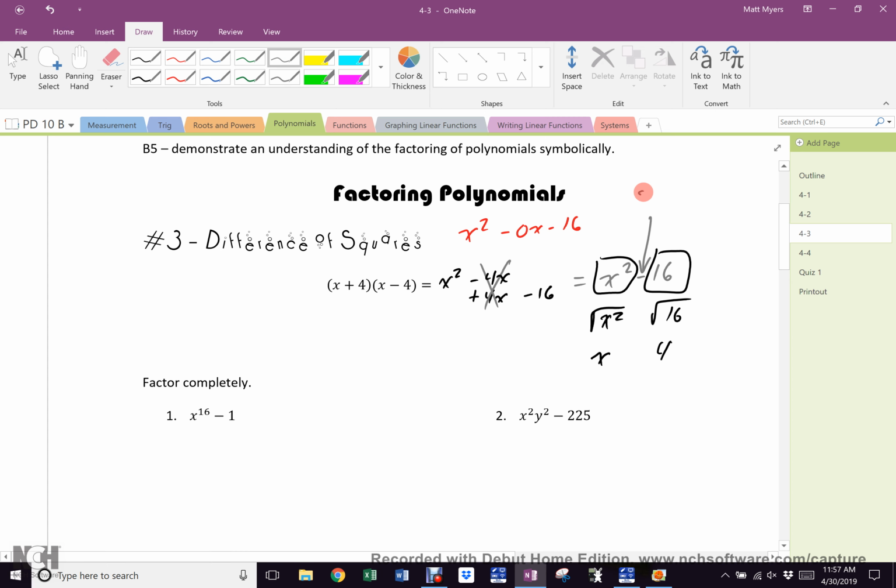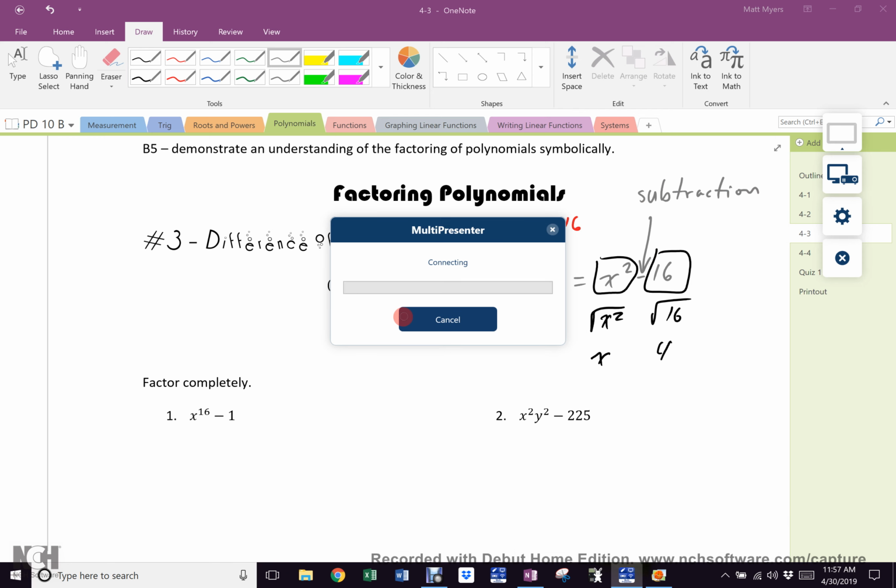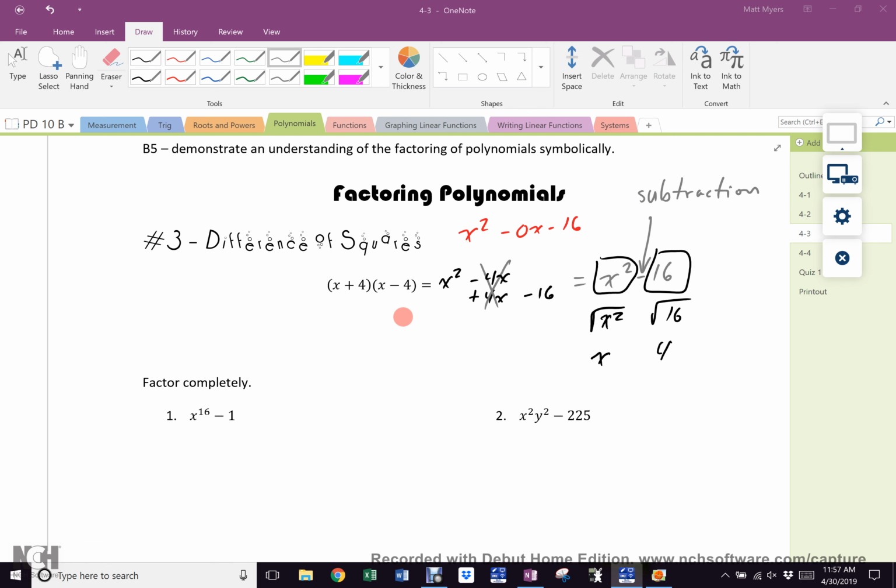A difference. Subtraction. Now, notice the title of today's lesson. You don't need to see it on the screen. It's written on paper in front of you. What is the title of today's lesson? Difference of squares. So, please notice I started with a square.